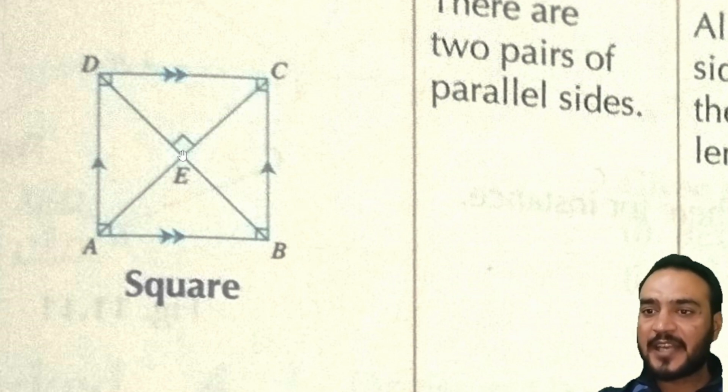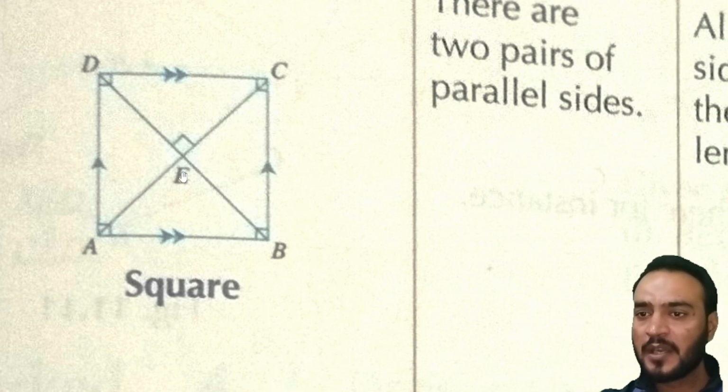Their diagonals intersect at an angle of 90 degrees. There are two diagonals AC and BD which intersect at an angle of 90 degrees. All four angles are right angles. All four internal angles of a square are right angles. The diagonals also intersect at an angle of 90 degrees.